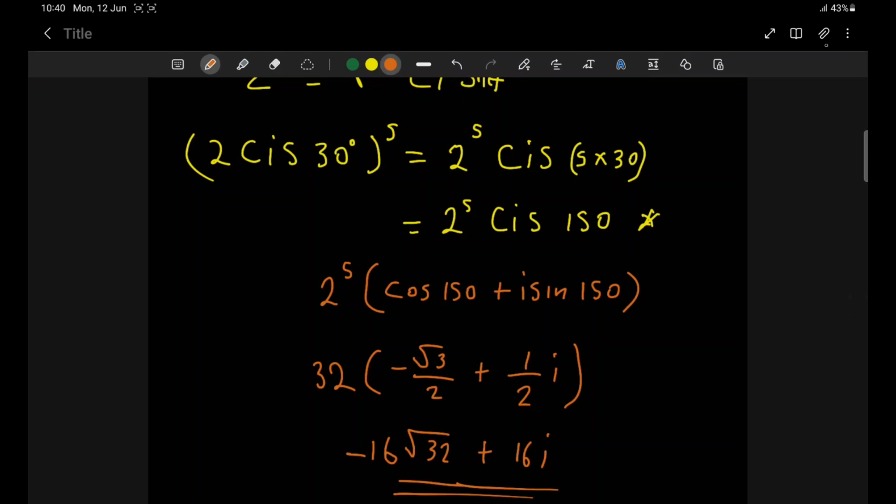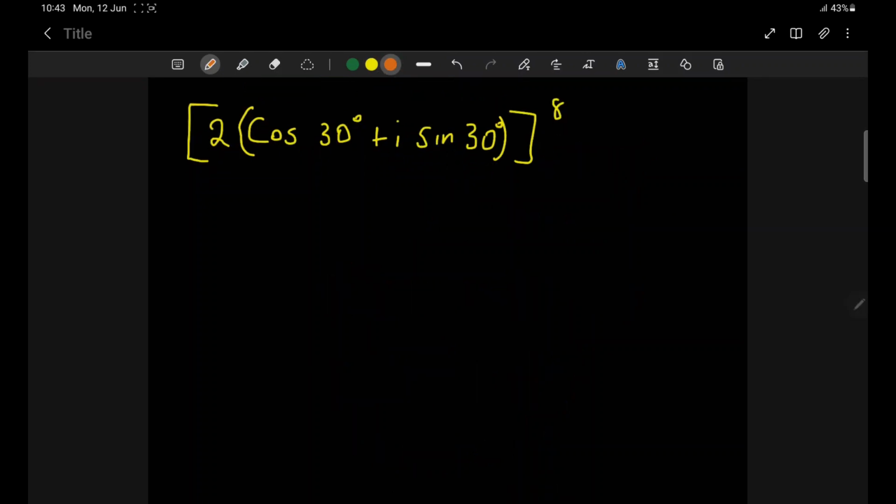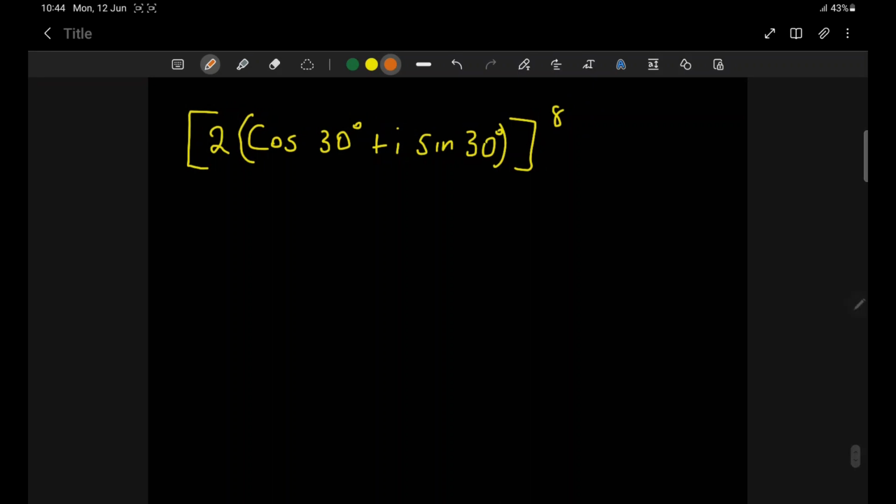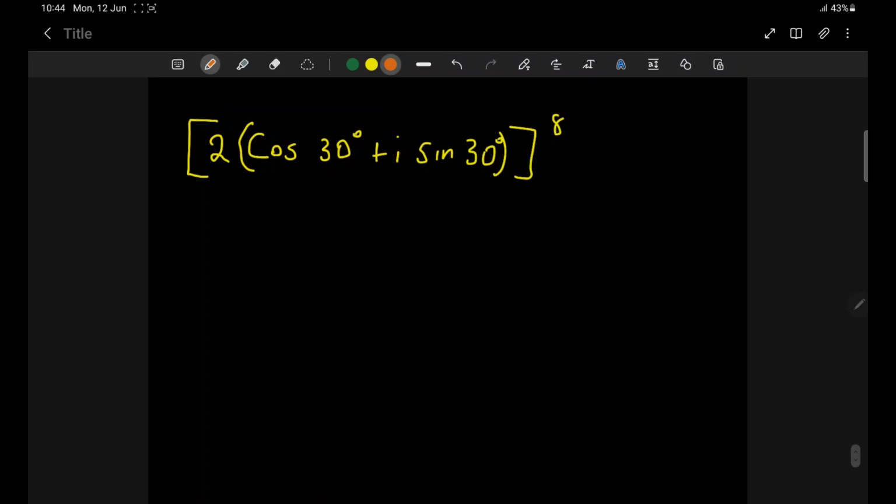Let's look at another example. We have this example we need to evaluate, and we're going to use De Moivre's theorem because of the exponent that we have here. To simplify this one, we'll use De Moivre's theorem.